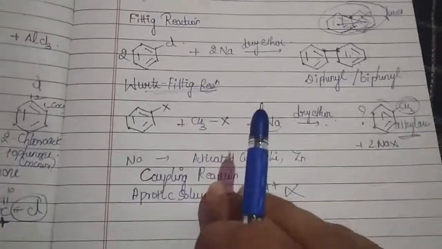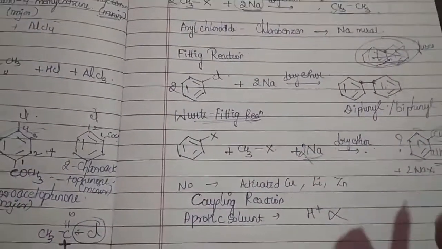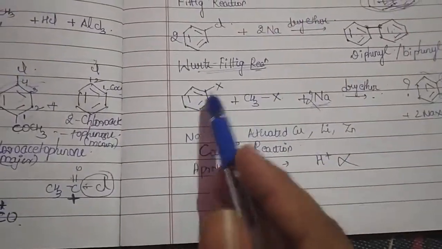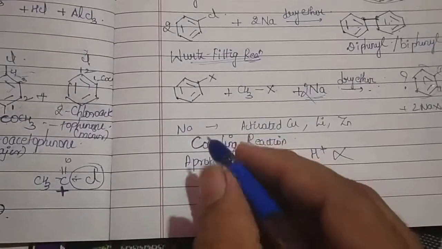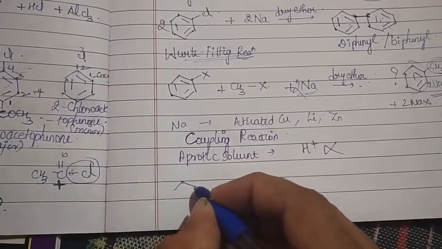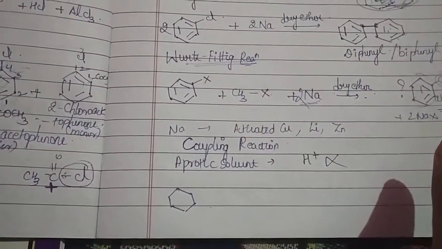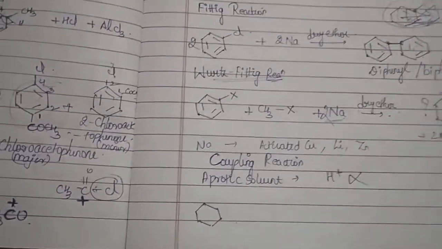Let me give you additional information on why we call it a coupling reaction. I am going to explain the Wurtz-Fittig reaction mechanism, basically as additional information. It has two important mechanisms, the first called the organo-alkali mechanism.